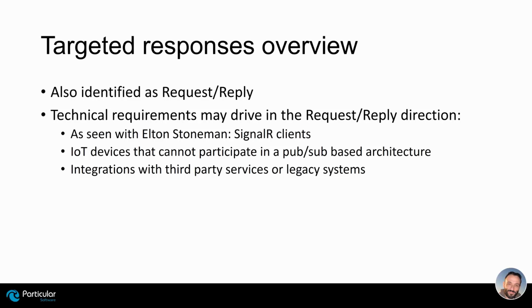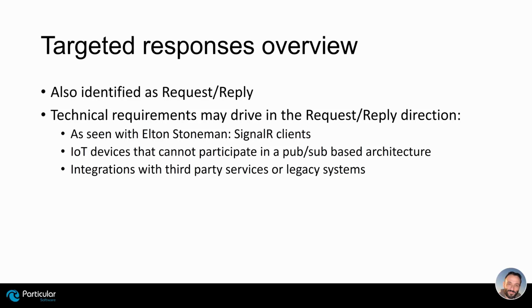One of the generalizations that we can do is that the client we need to talk to is not capable of participating in a pub/sub based architecture, and given the nature of the client, we need to be able to translate what an event in a pub/sub based architecture is to something that is understandable by that client.